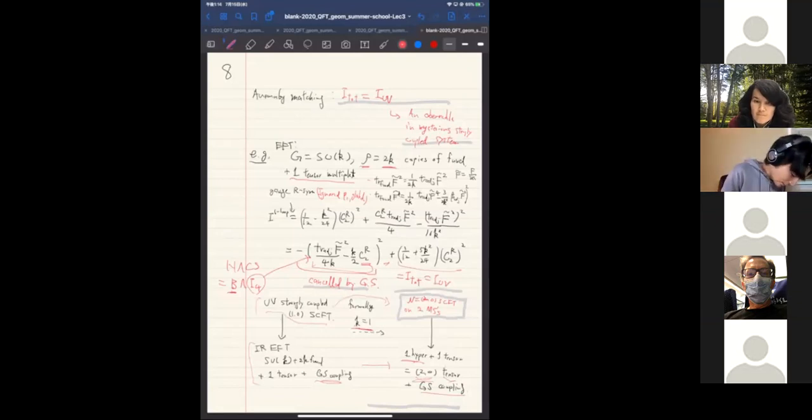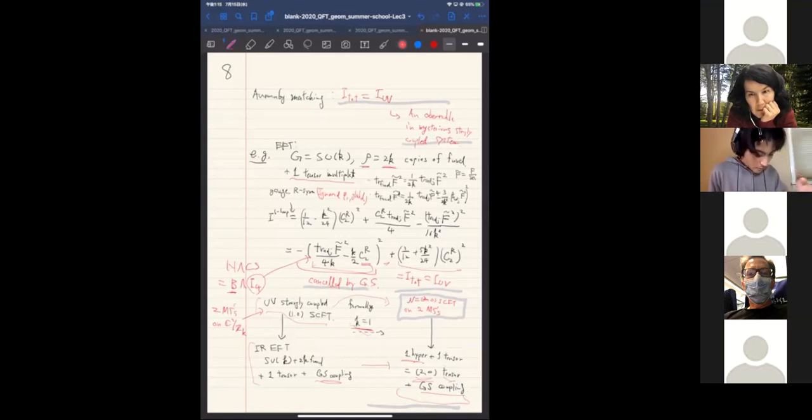So maybe I should say this: for general K, this is an M5 brane probing the singularity of C2 mod Z_K. And when K equals 1, there's no singularity. It's just the theory on an M5 brane. This procedure is a bit formal because here you don't have any gauge group, so you don't need the Green-Schwarz coupling.